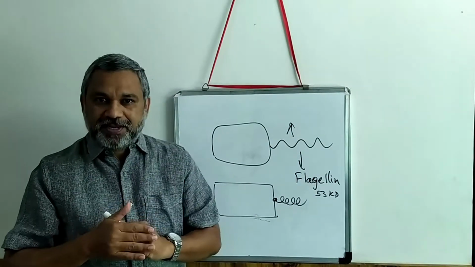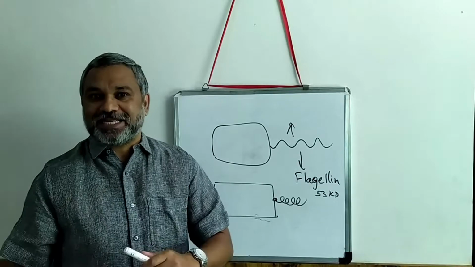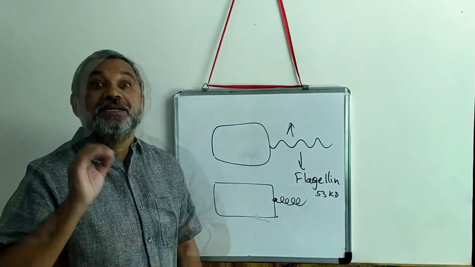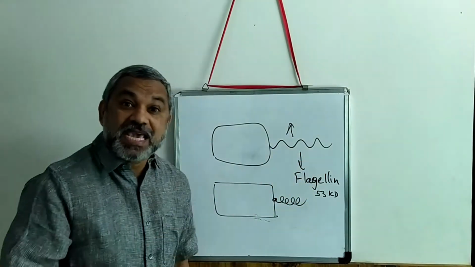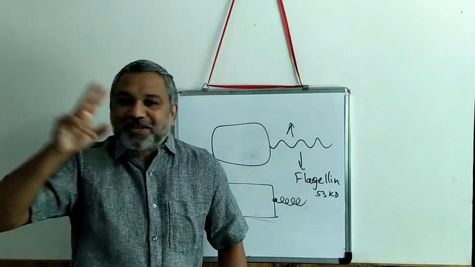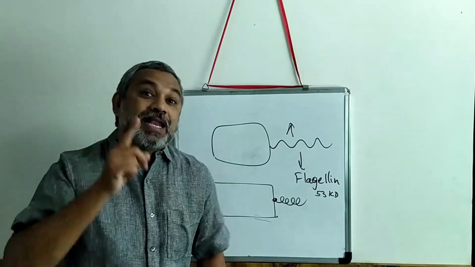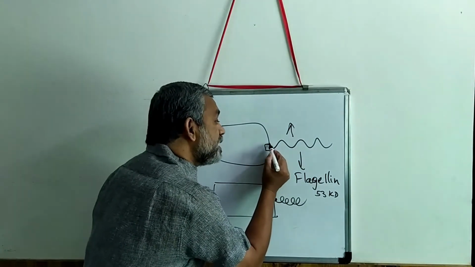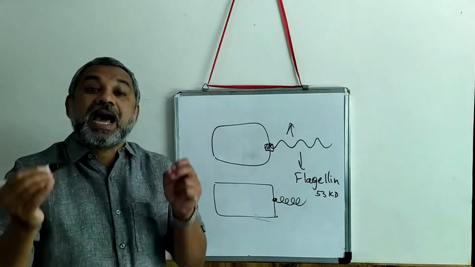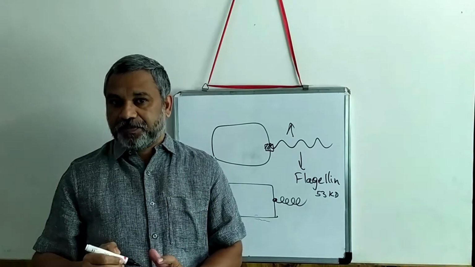Then conditions were created to see how the bacteria move. Since the flagellum was fixed on the slide, if the bacteria went on rotating, that is how they came to know that there is a kind of motor present at the base of the flagellum.